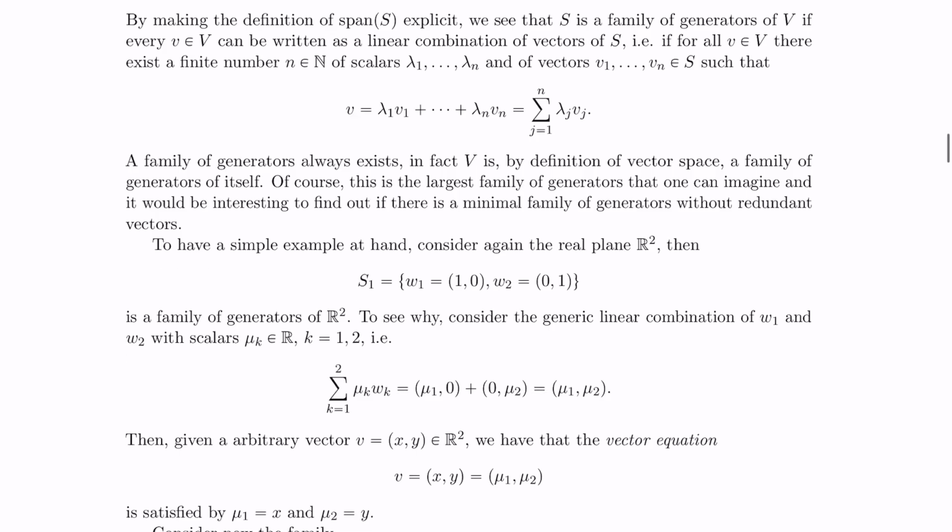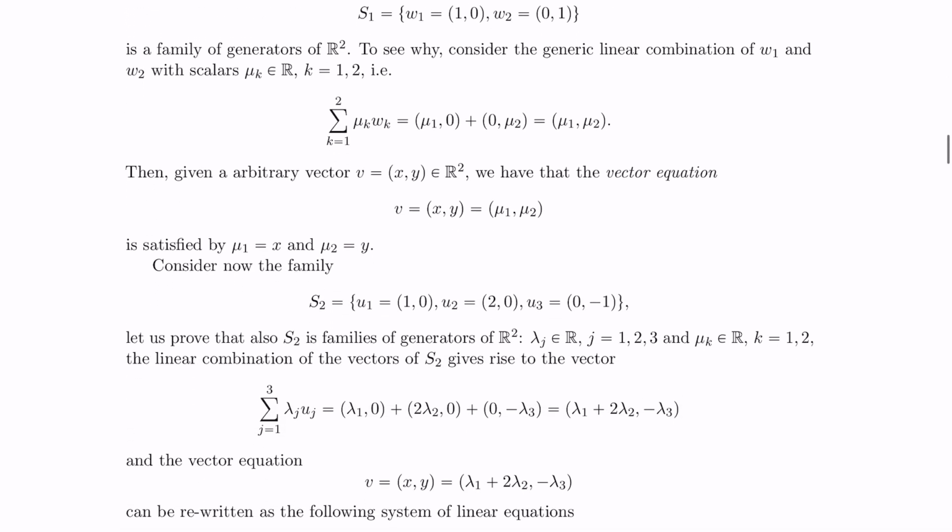If we consider an arbitrary vector v written with components x and y belonging to R2, then in order to see if we can reconstruct v with a linear combination of vectors w1 and w2, we have to identify v with the vector that we have written here.